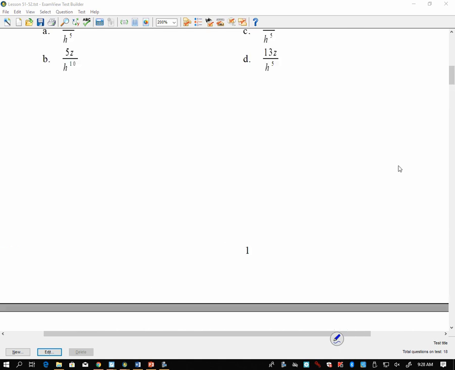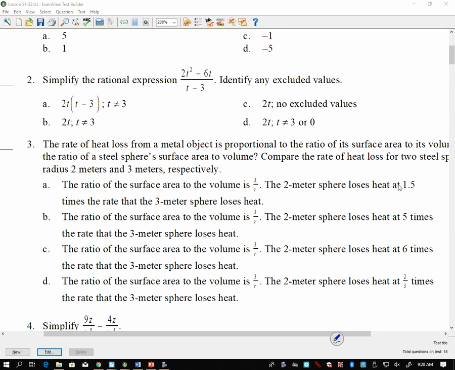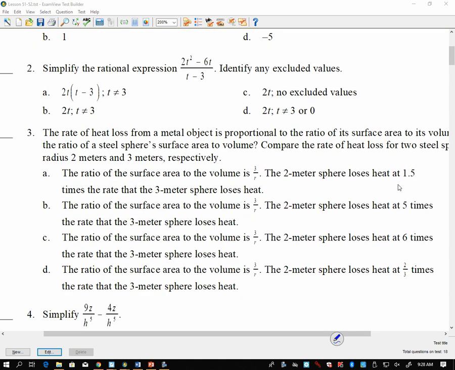Let's see if we can go back and look at some of these other questions that we haven't covered. All right. We have 2t squared minus 6t over t minus 3. It says simplify the rational expression. We want to identify any excluded values. Let's go ahead and identify the excluded value first. How do I find the excluded value, Christian?